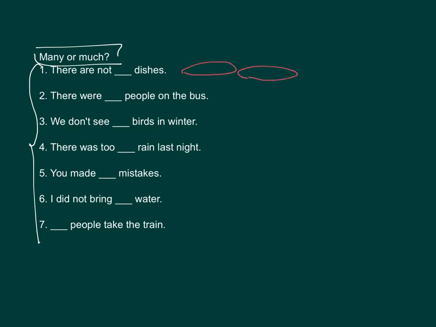Some dish, putting some food on it. Okay? And there were many or much people on the bus. And we won't see birds in winter. And there was too many or much rain last night. You made mistakes. I did not bring water. Or many or much people take the train.